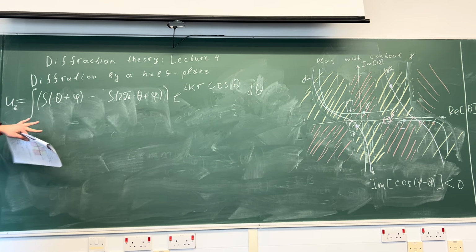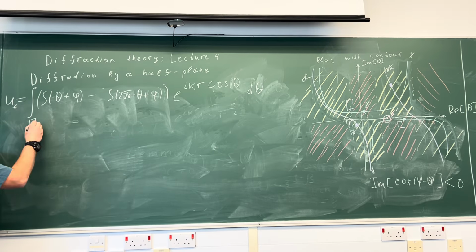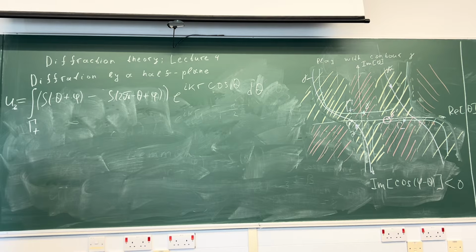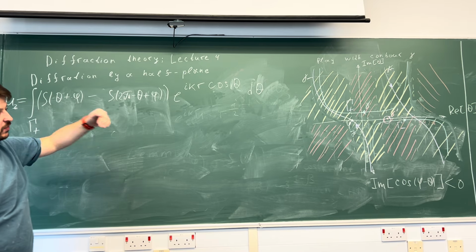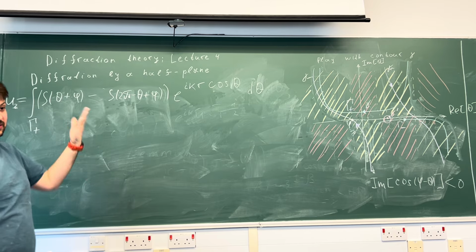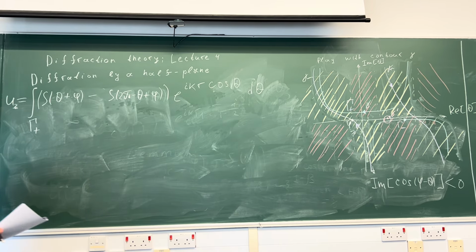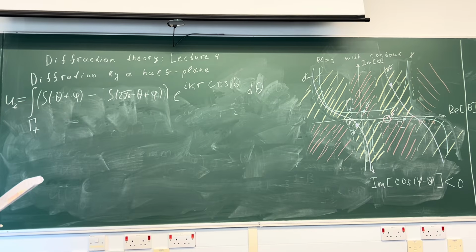And why do I have the second term? Because now I want to integrate only along gamma plus. So this thing shifts our contours by 2 pi and reflects it. Cool. And so we only have the upper arc.